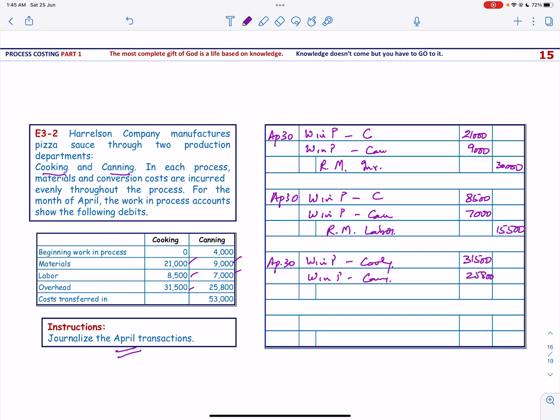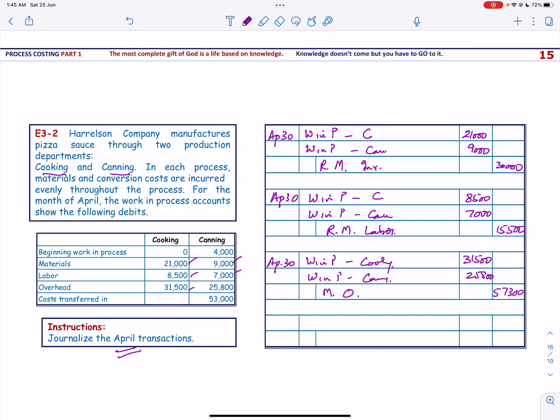So the total will be 57,300 and this is manufacturing overhead. If you can remember, manufacturing overhead cost should be allocated on an objective and equitable basis. The basis of allocating manufacturing overhead is the activity that drives the cost.